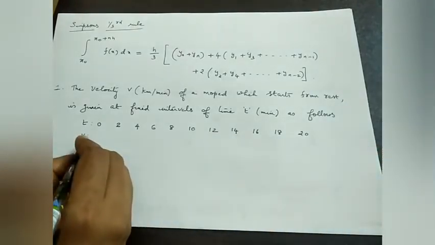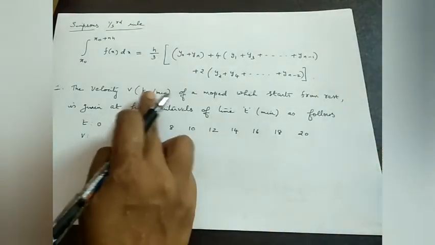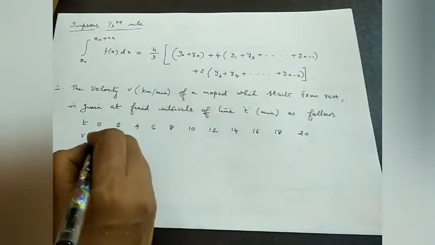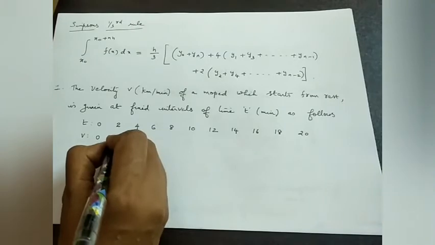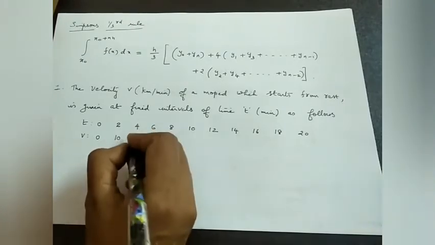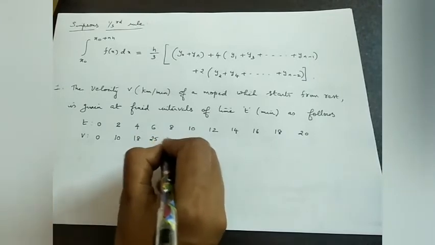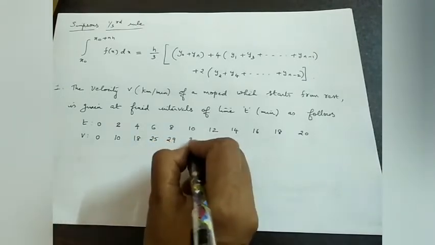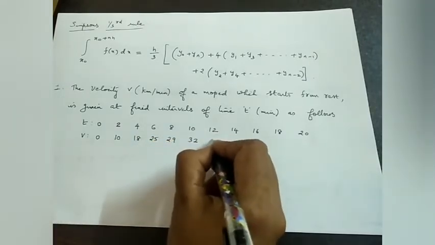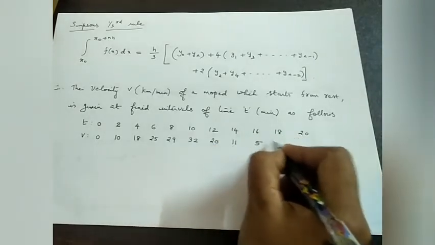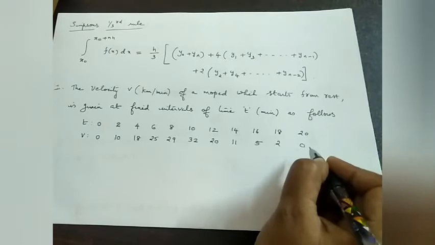The corresponding velocities in kilometer per minute are 0, 10, 18, 25, 29, 32, 20, 11, 5, 2, 0.